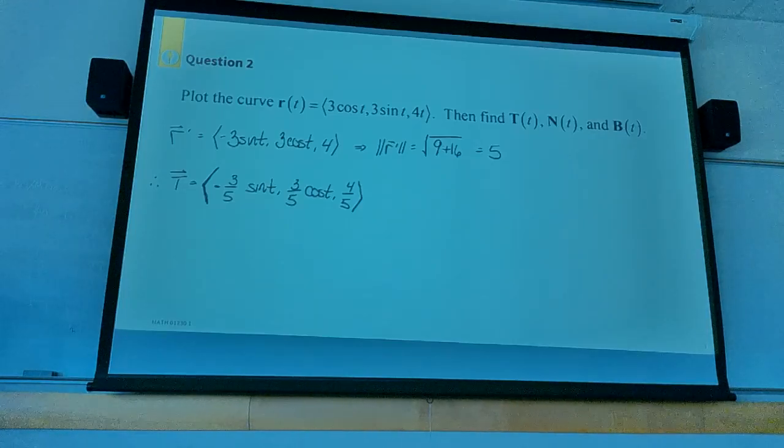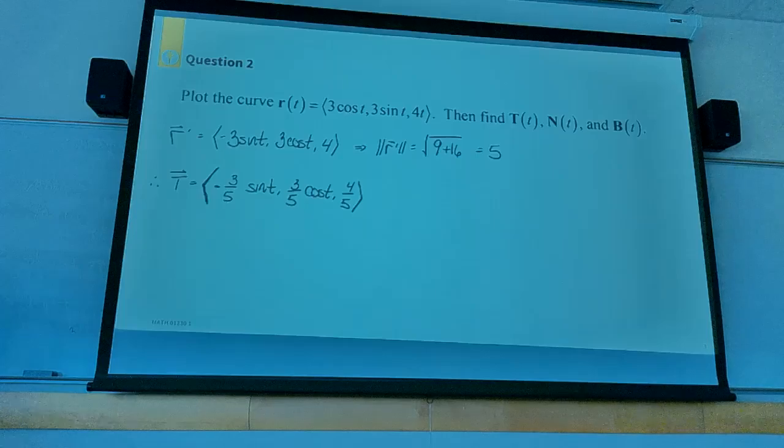The magnitude of r prime is not constant. That generally makes finding the normal more difficult, because I'm just not seeing this.